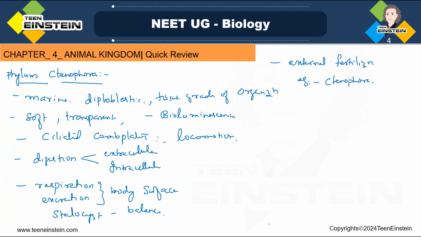Then this phylum Ctenophora contains two classes. Which are the two classes? That is Tentaculata and Nuda. Sorry, Tentaculata first. For that, one example I'll say is Pleurobrachia.